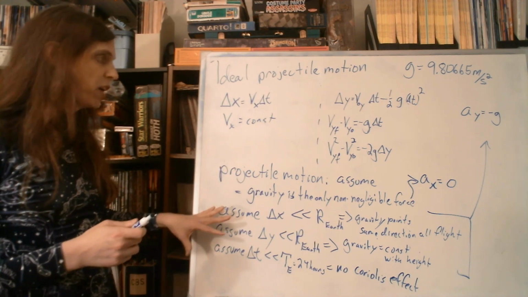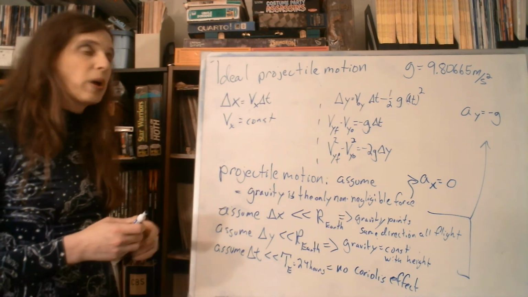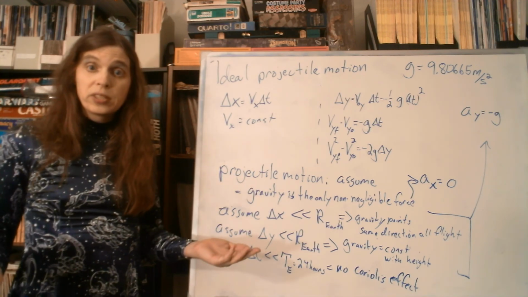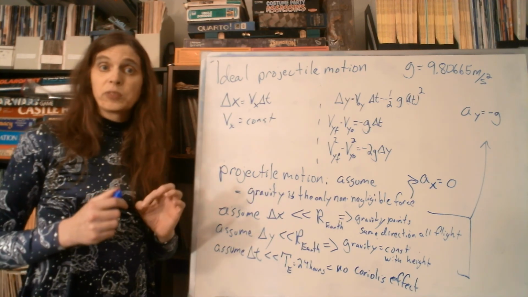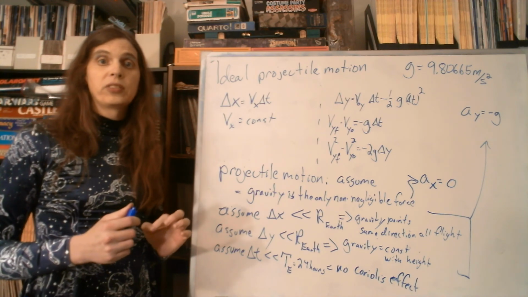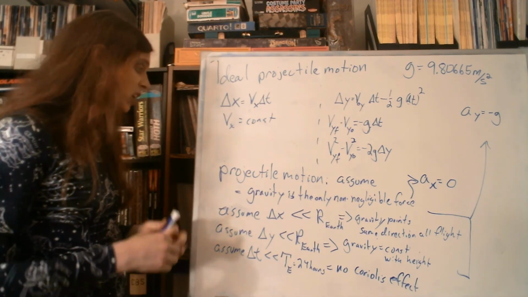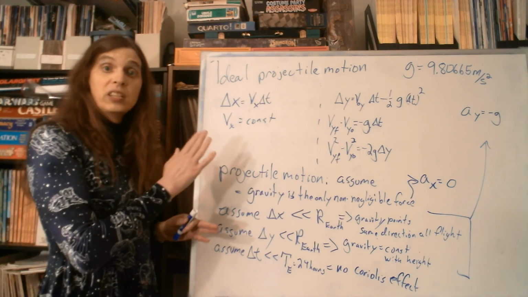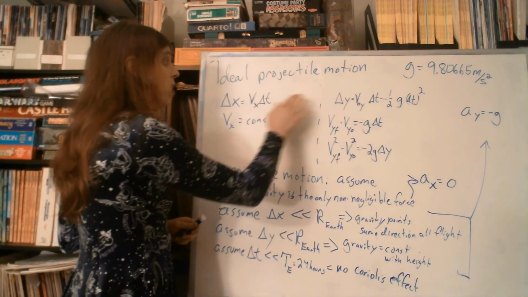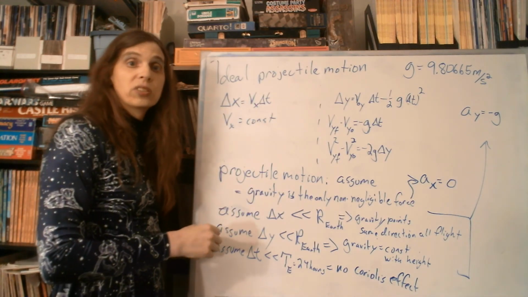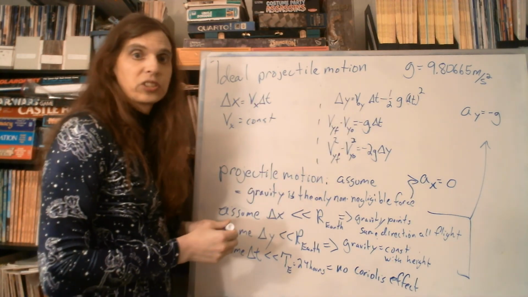So these are our assumptions. These are the equations we get to play with. But like I specified with the general case, we get to connect these to each other. We can connect them because the time is going to be the same whether it's in the horizontal direction or the vertical direction.